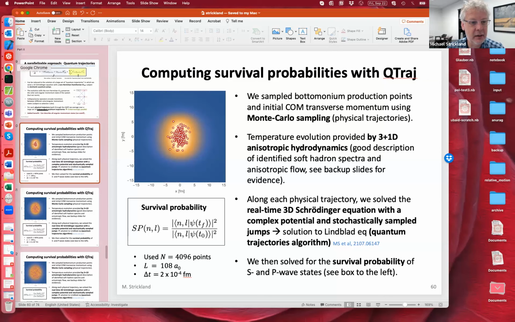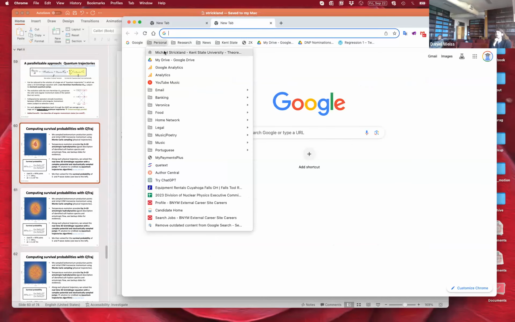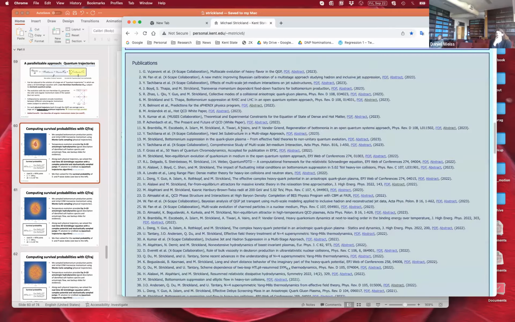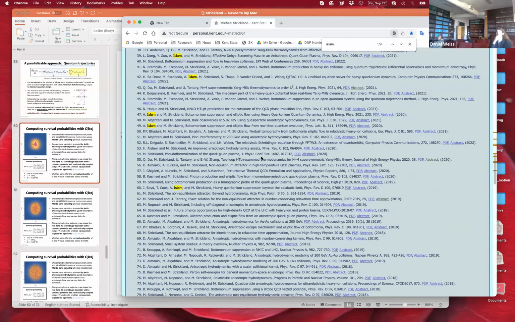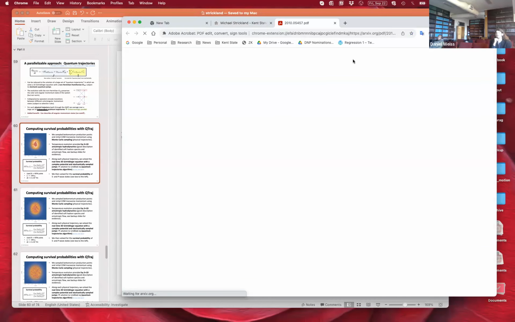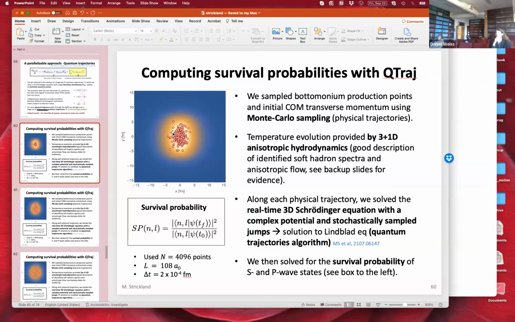Yes, that's correct. So when you actually did a sampling, I assume you applied some weight to say there was a certain amount created on the edge and a certain amount created in the center?